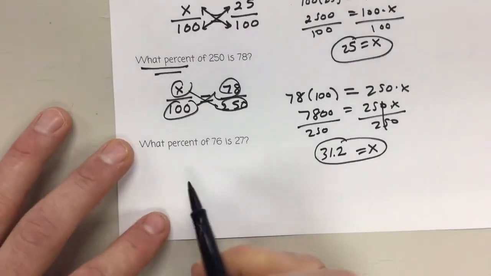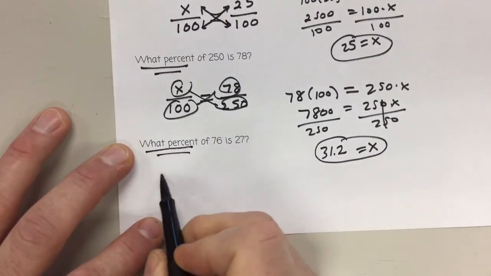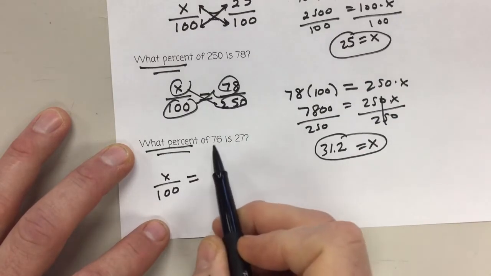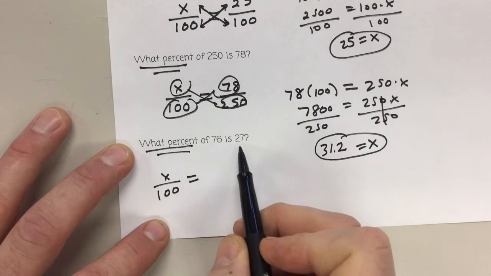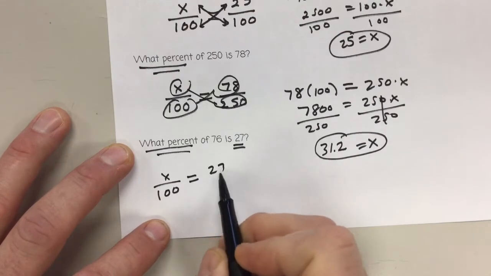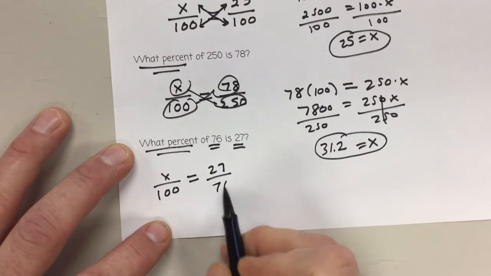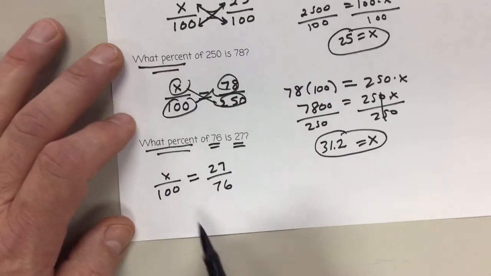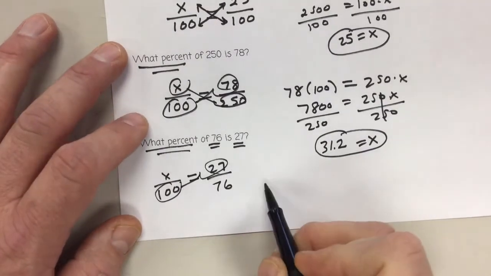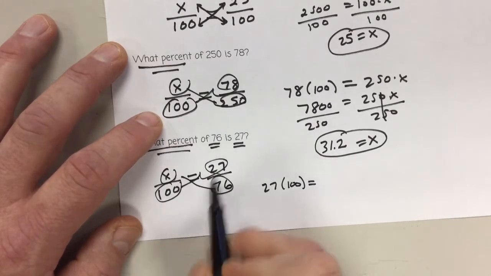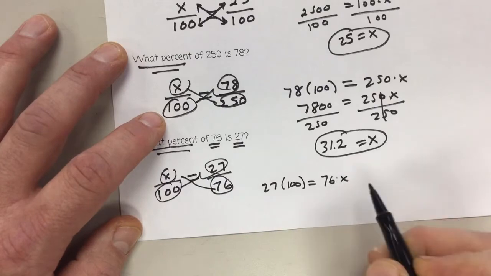Another example of this method, I have what percent, so that's x over 100, and then of 76 is 27, so it's "is over of." And then again, we simply cross multiply. 27 times 100 equals x times 76.